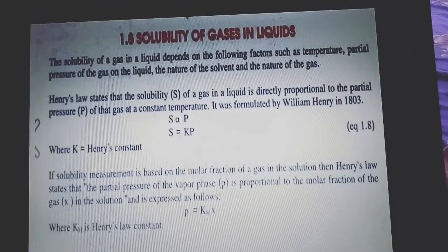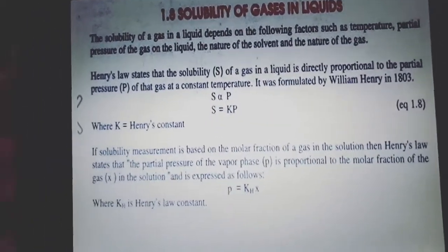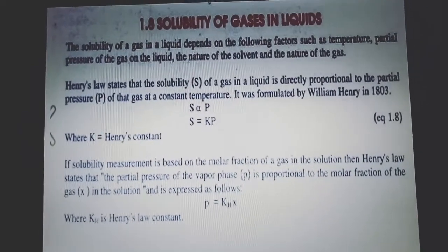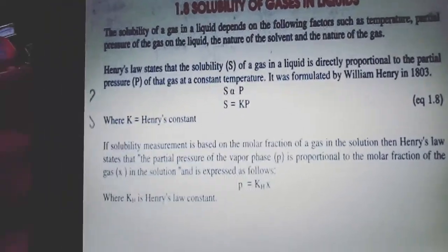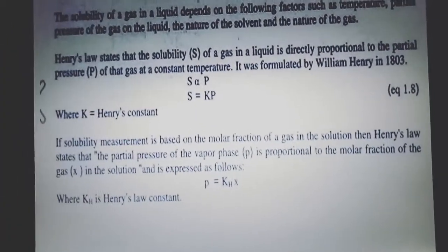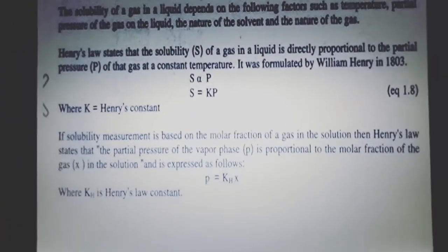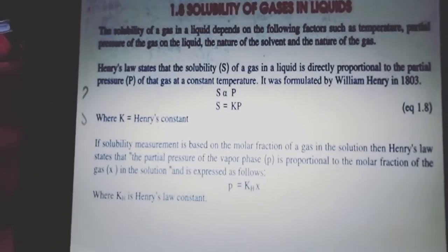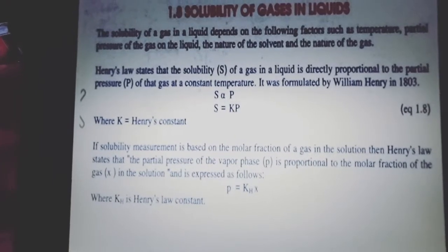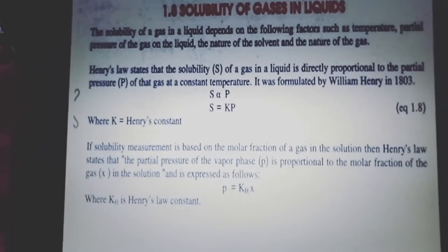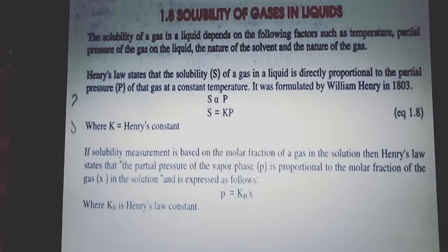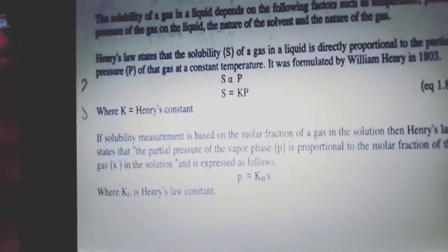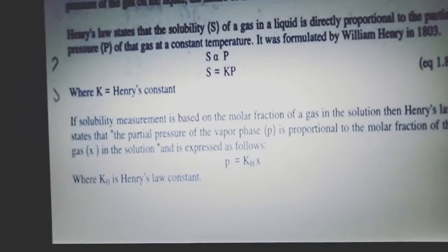If the solubility measurement is based on the molar fraction of the gas in the solution, then Henry's law states that the partial pressure of vapor phase P is proportional to the molar fraction of the gas X in the solution. That is, P is equal to KH X, where KH is the Henry's law constant and X is the molar fraction.